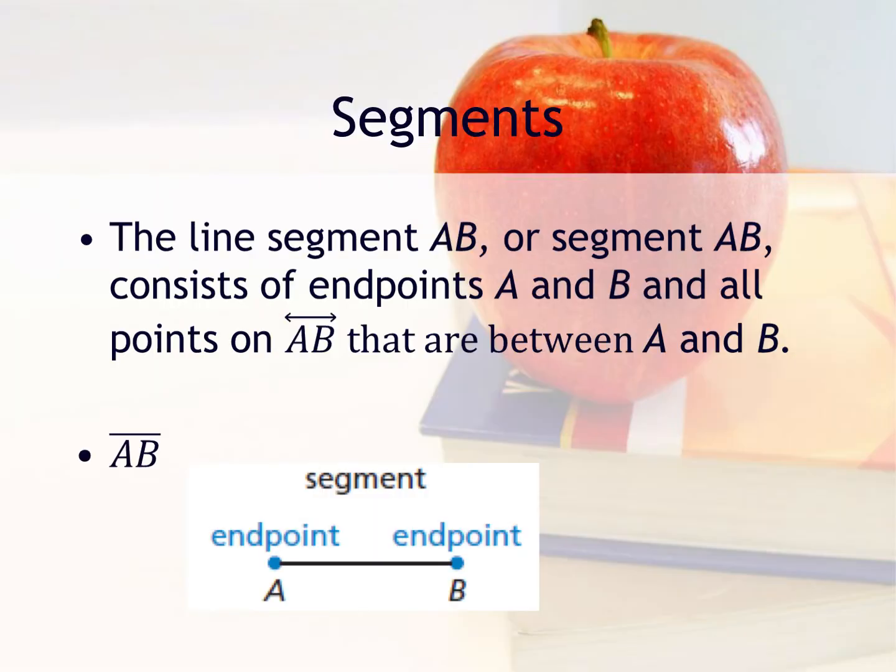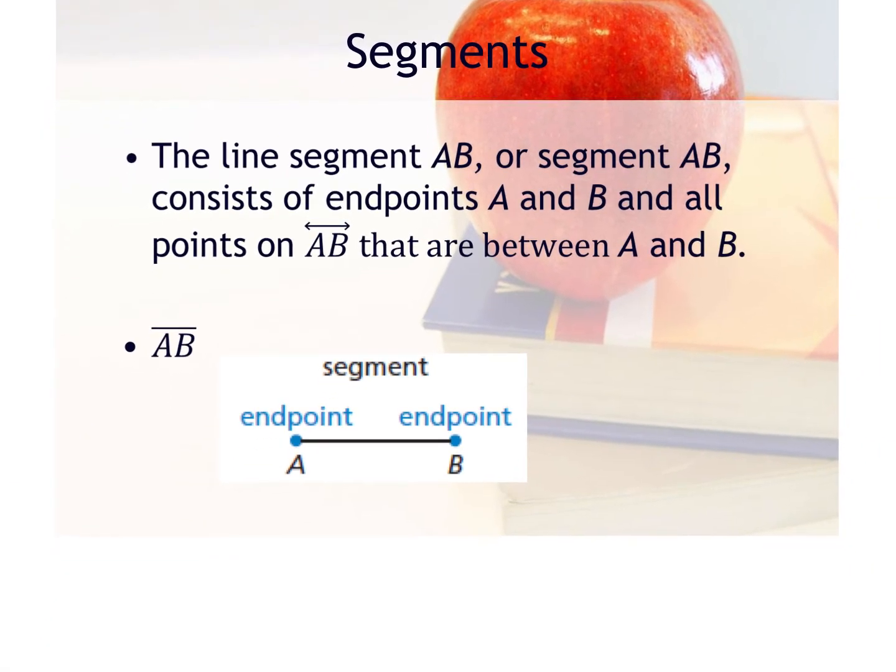The next slide is the definition of a segment. The line segment AB or segment AB consists of endpoints A and B and all points on line AB that are between A and B. So a line goes forever, but a segment has endpoints. It stops.